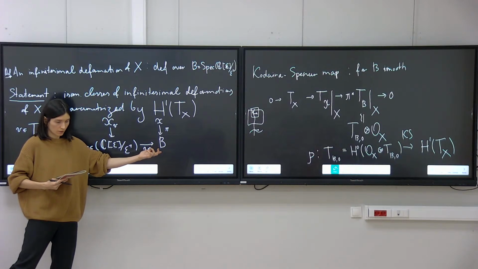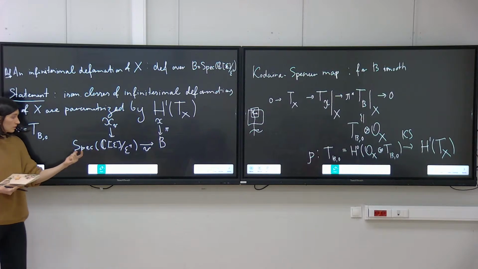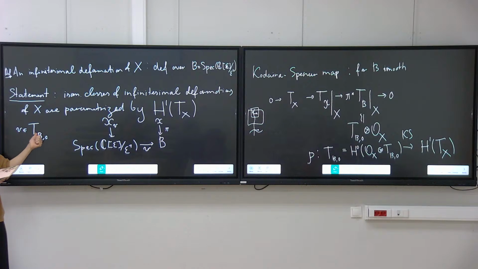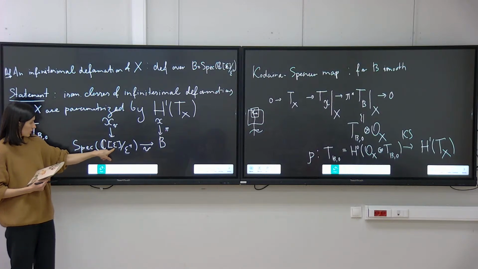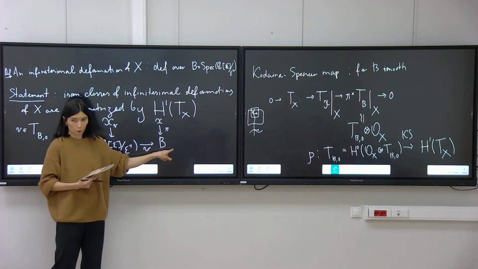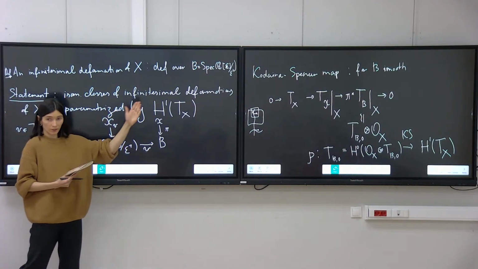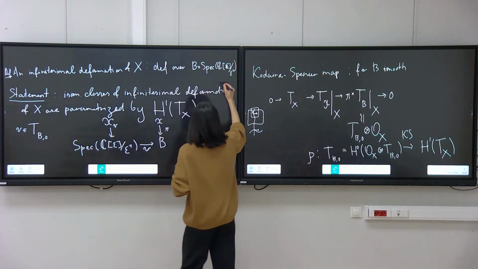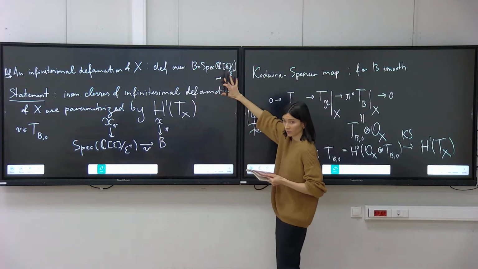This is an exercise from Hartshorne: to give a vector in the tangent space at some point is the same thing as to give a morphism from dual numbers such that the unique closed point is mapped to 0 in this case. Okay, so dual numbers is a scheme with one closed point with a tangent direction.